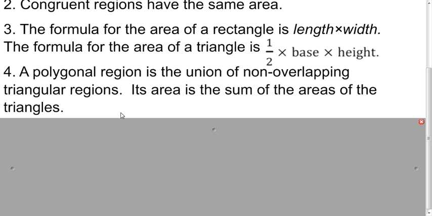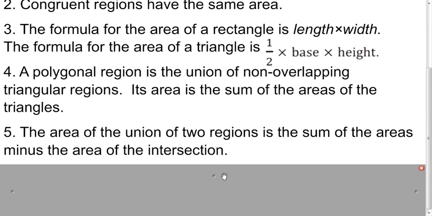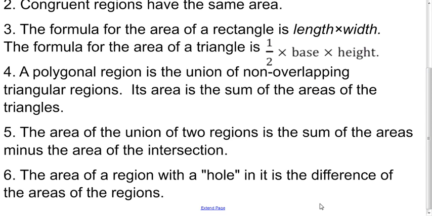And if you add up the area of all those triangles, you would get the area of the polygon. So it's a process called triangulation, and we'll look at an example of what exactly that means. Our fifth property is that the area of the union is the sum of the two areas, but you take away where they overlap. So we saw that before. And finally, if you have a region with a hole in it, you just subtract the two areas.